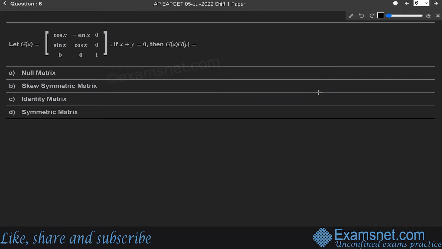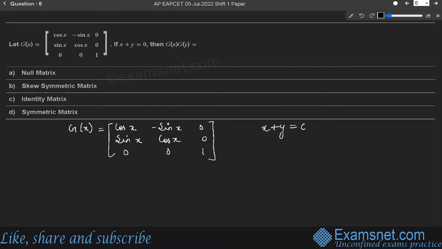Next question also comes from matrix. It is given that g of x is equal to [cos x, minus sin x, 0; sin x, cos x, 0; 0, 0, 1]. It is also given that x plus y is equal to 0.